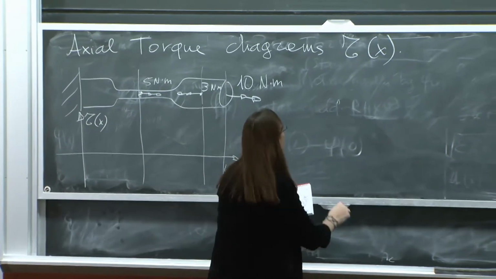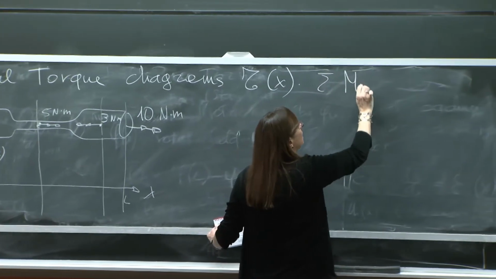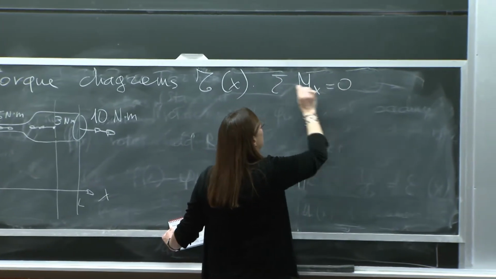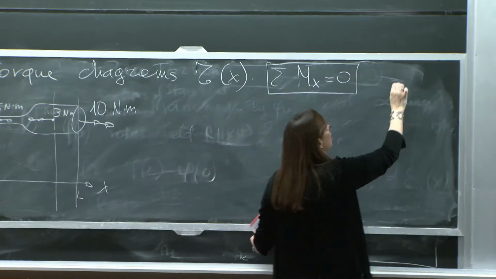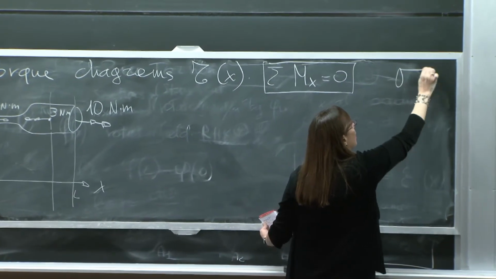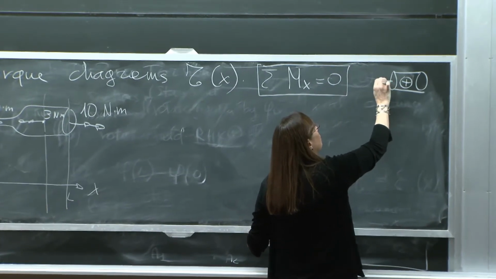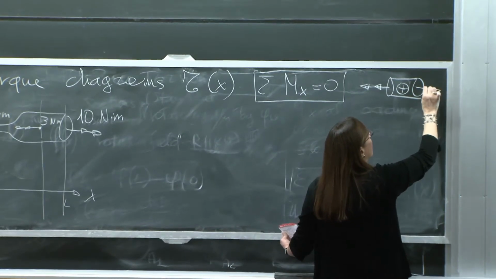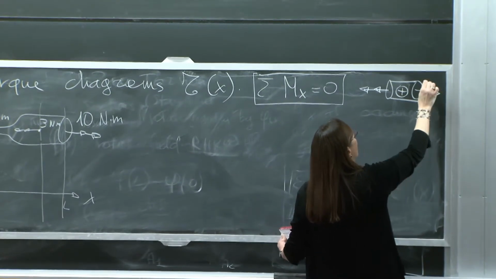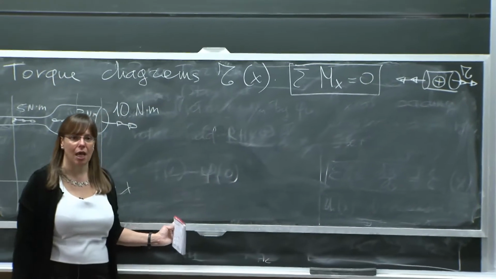Equilibrium in torsion means that what you need to do is sum of the moment x equal to 0. This is the first thing you need to remember. And the second thing that you need to remember is that positive torques, positive T, come out. When you cut, the torque comes out. A positive torque, wherever you cut, comes out of the section.